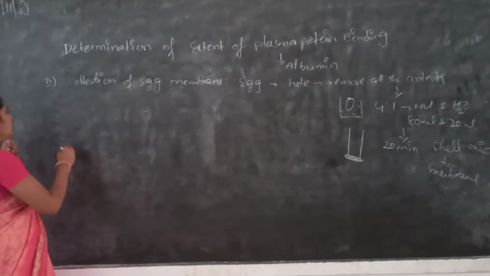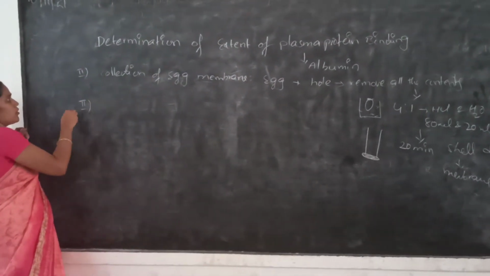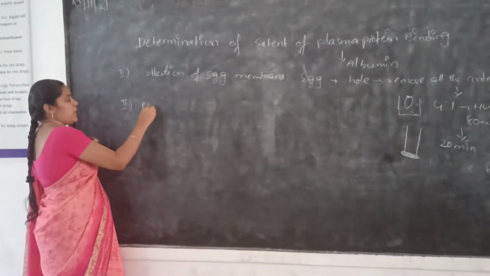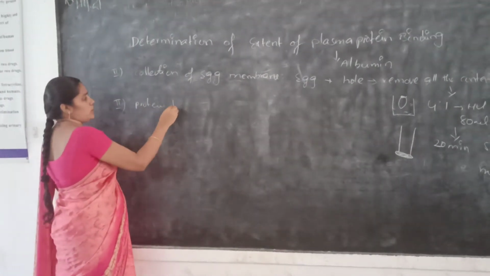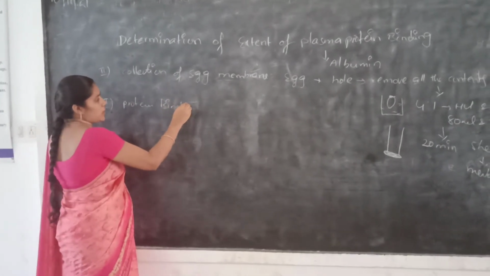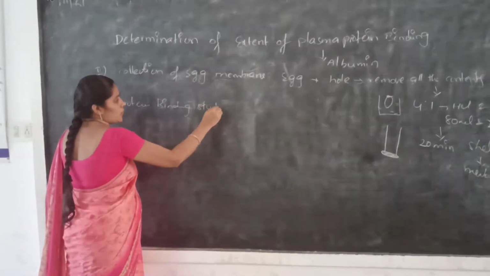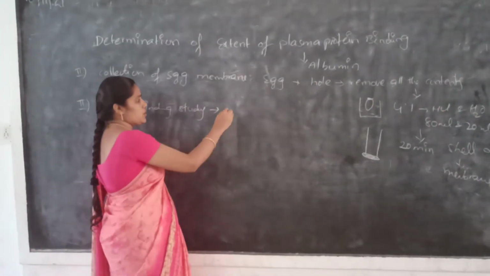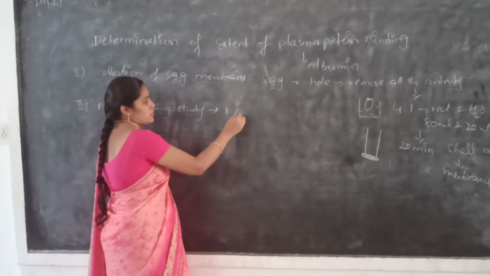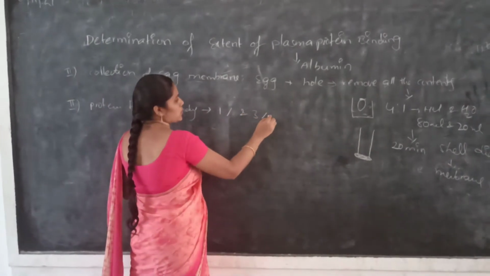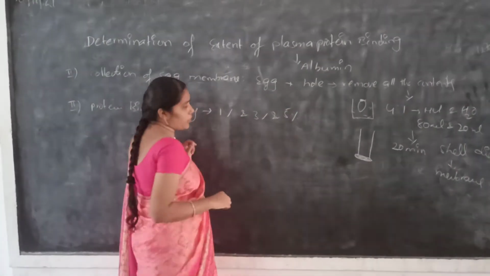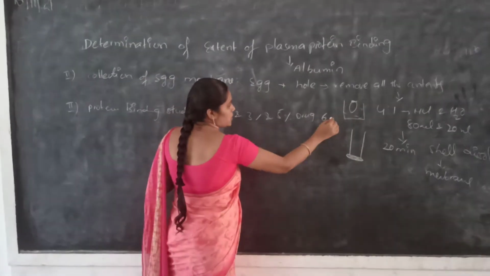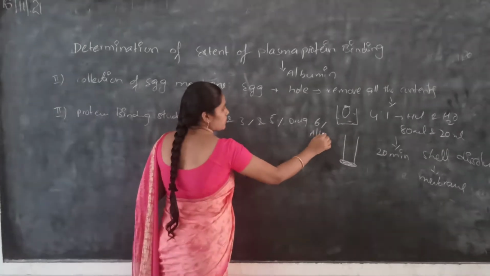Coming to the second step, we need to proceed with the protein binding study. For this study, we need to prepare three different concentrations of solutions, that is 1%, 3% and 5% concentrations of the drug, as well as 6% of albumin solution.